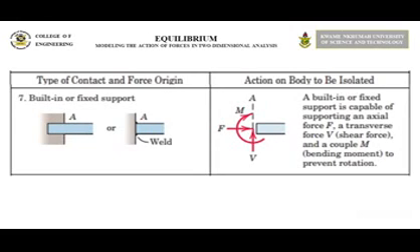Therefore, for a built-in support, there are three unknowns which should be introduced in your free body diagram. That is the magnitude and direction of the force, which more commonly we represent with two components, Rx and Ry. And the third unknown is the magnitude of the couple.